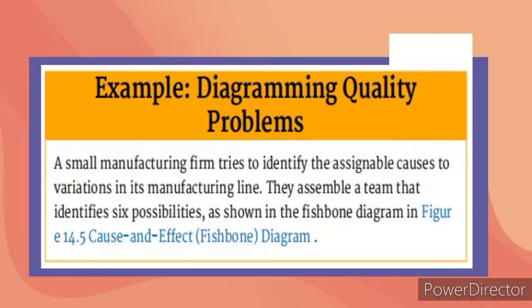As an example, diagramming quality problems. A small manufacturing firm tries to identify the assignable causes of variations in its manufacturing line. They assemble a team that identifies 6 possibilities, as shown in the fishbone diagram in the next slide.